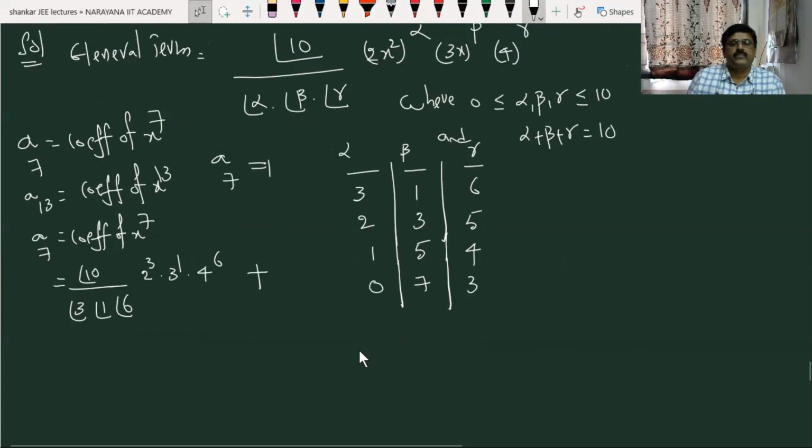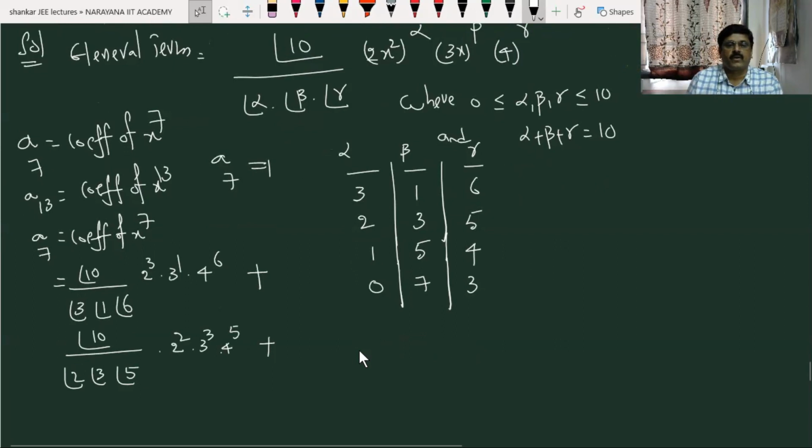Second row. What is this? 10 factorial by 2 factorial into 3 factorial into 5 factorial into, when alpha is 2, it is 2 square coming, beta 3 means 3 cube, gamma 5 means 4 power 5. 4 power 5. Next, plus.